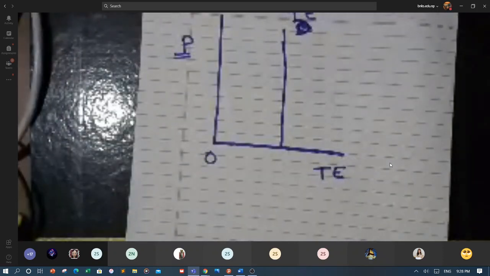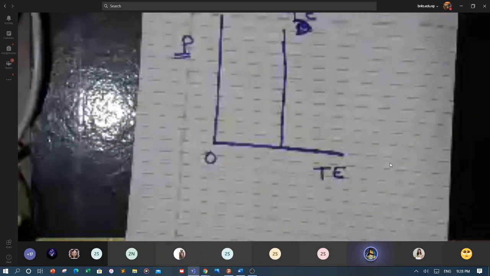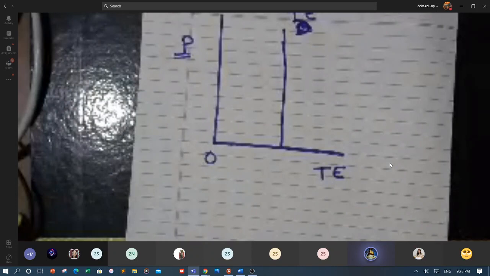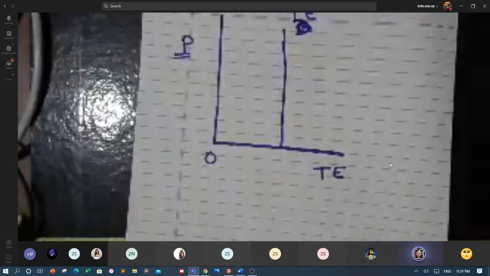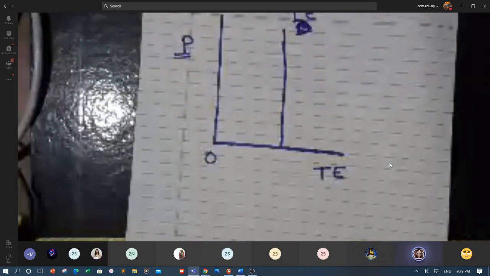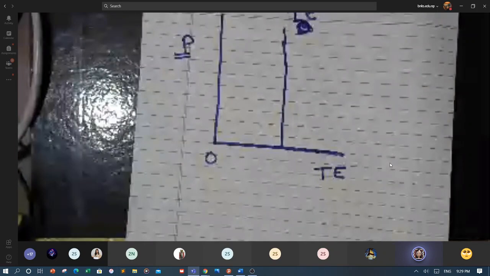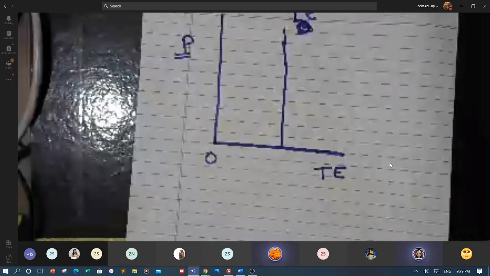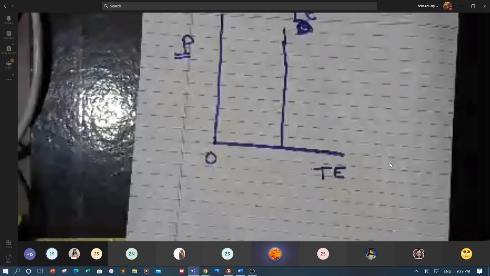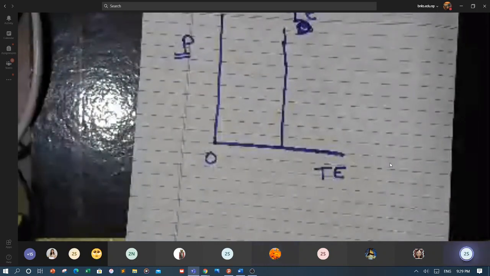Ayusha? Sir, unitary. Aditi? Sir, perfectly inelastic. Victoria? Perfectly inelastic. Sanchin? Unitary elastic. Sophia? Okay, already said.